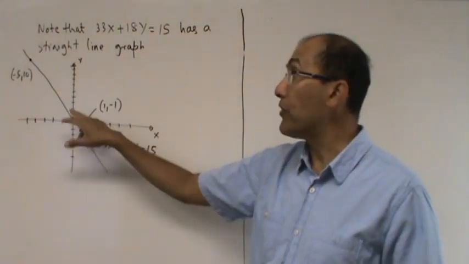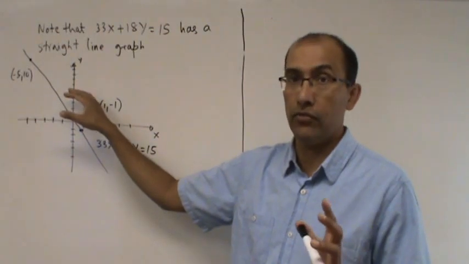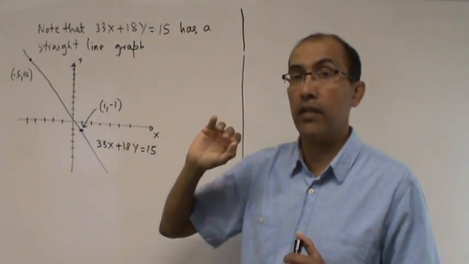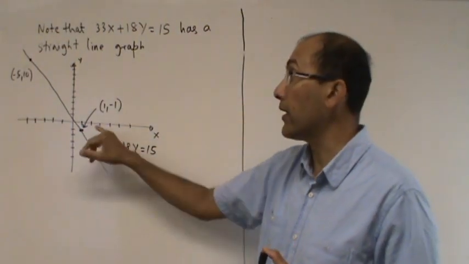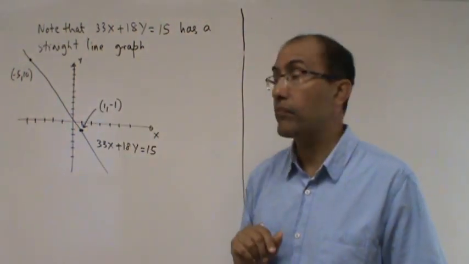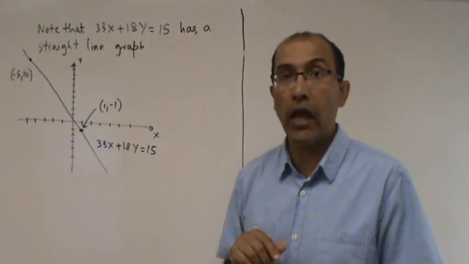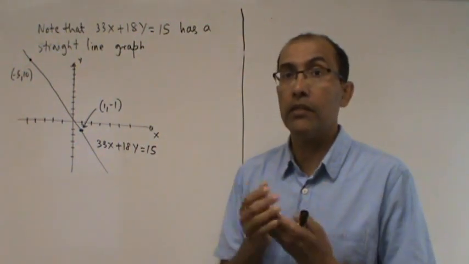So the other points on this graph are also solutions, but they are not integer solutions. We are only interested in the integer solutions. There are an infinity of integer solutions on this graph, and they do go through integer values, and those become our integer solutions.